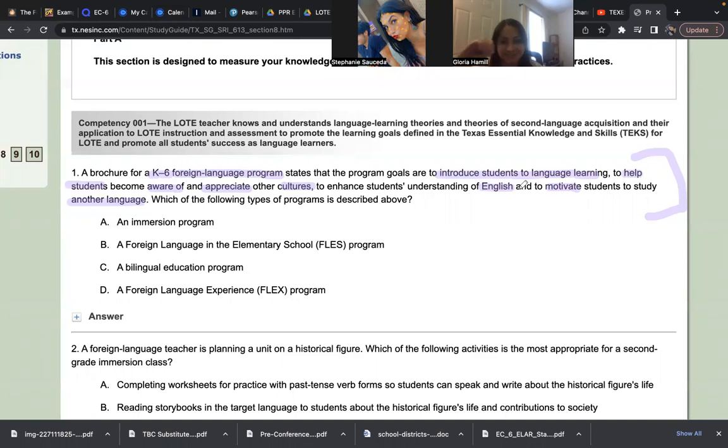So all those things that you highlighted, and then it says understanding of English, but motivate them to study another language. So it's not full immersion. So I would cancel out A immediately. Right. It's not A at all. You can bet yourself $5 it's not A.